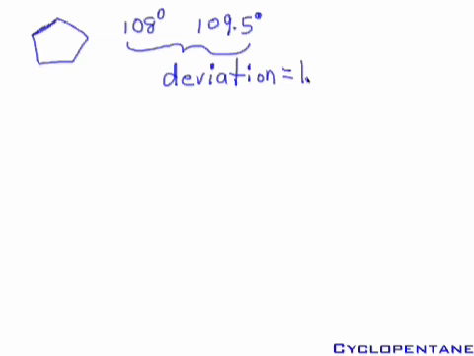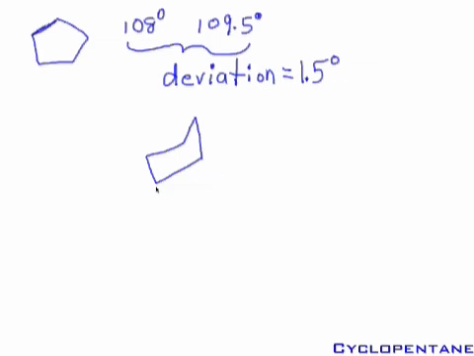Well, clearly this is a small deviation, and in fact it can be further reduced by again some puckering. So we can get cyclopentane puckering like this and folding and twisting to stagger the hydrogens as best it can, reducing torsional strain, and try to get the angle as close to 109.5 degrees as possible.